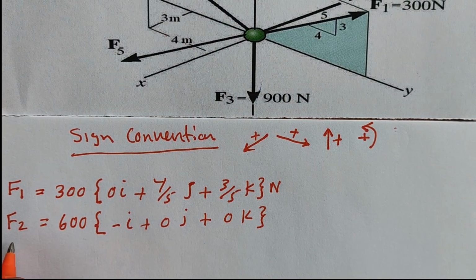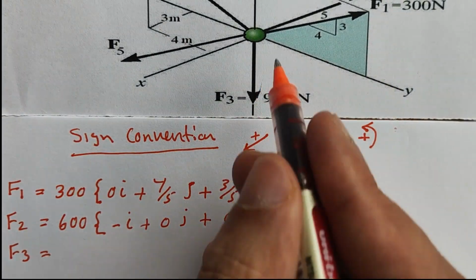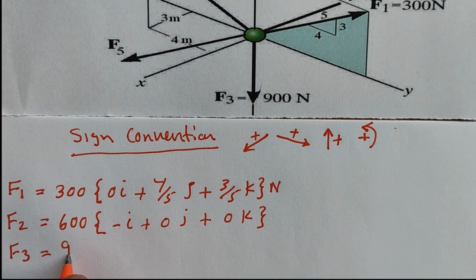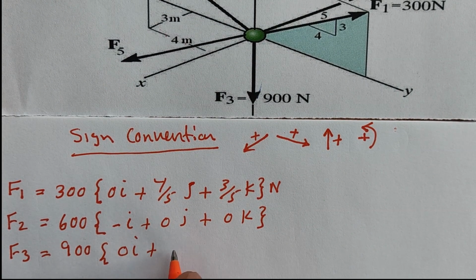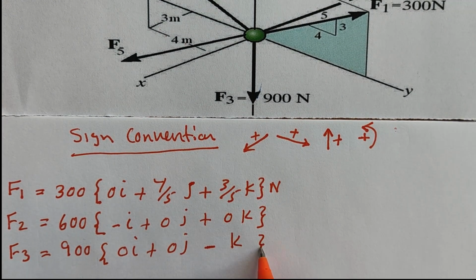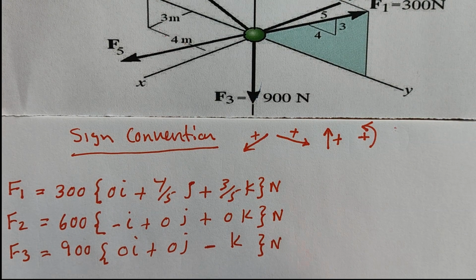For F3, again it's a downwards force, straight 900 here, 0 component for i, 0 component for j, negative k. So these are F1, F2 and F3 in a Cartesian form.